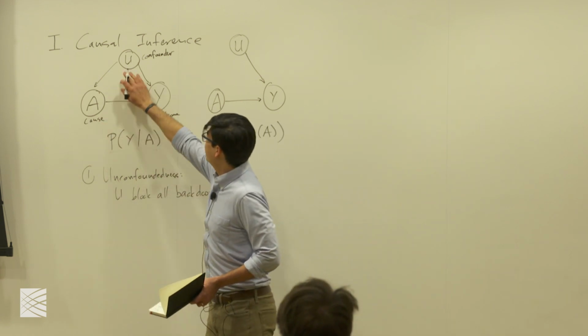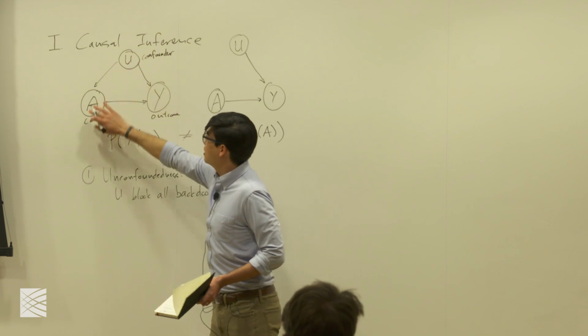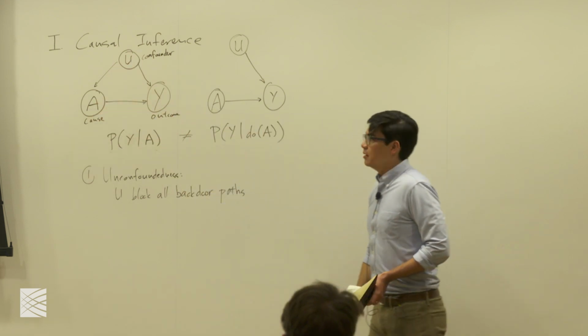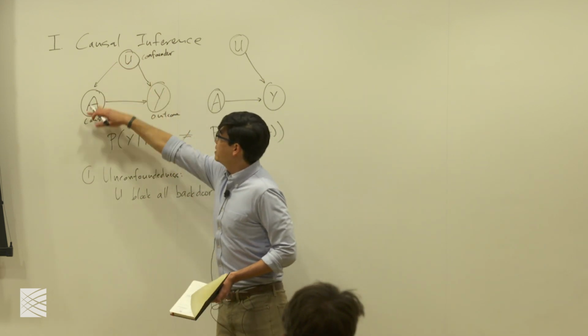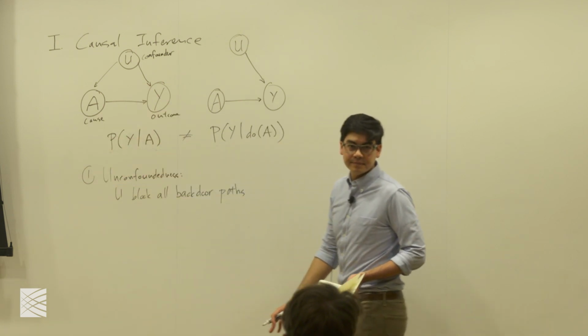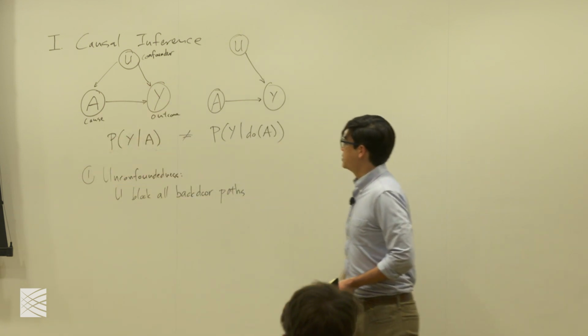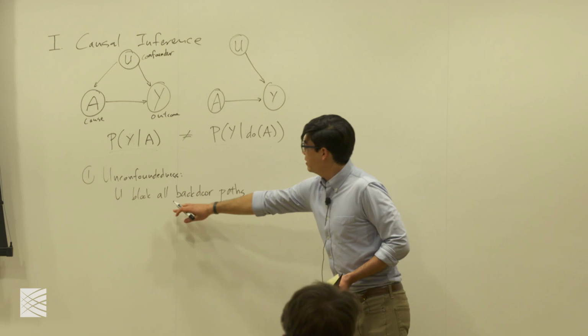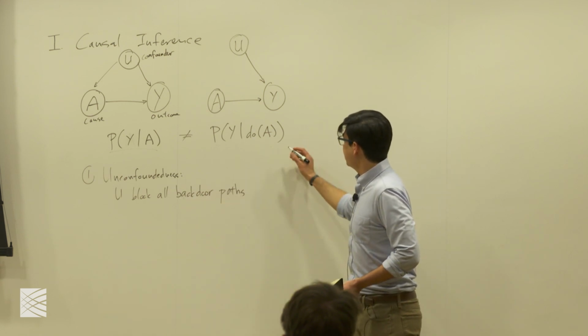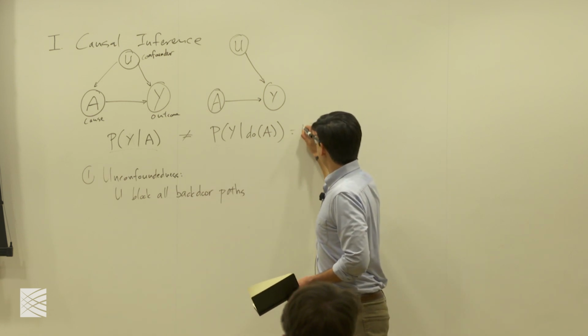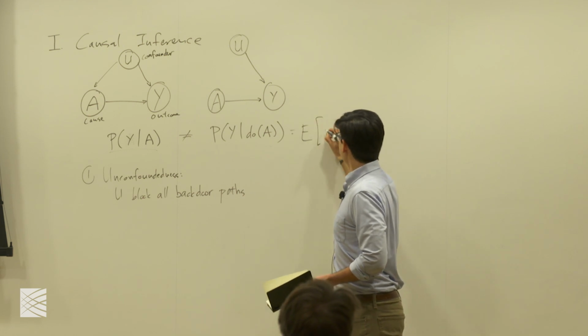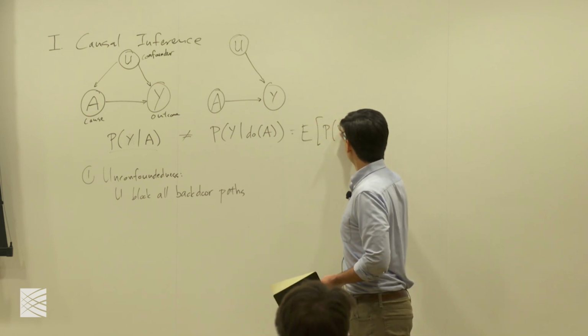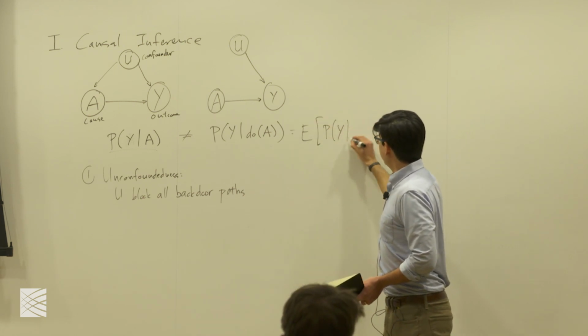So essentially, if we are able to observe everything that's a common cause between A and Y, then we can block all of the non-causal correlation between A and Y, right? And so essentially, if we're going to use this unconfoundedness statement, it allows us to do a couple of operations. So the first operation that we can do is we can take P of Y given do A, right? We can expand it.